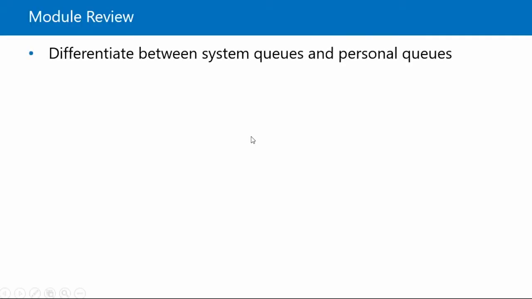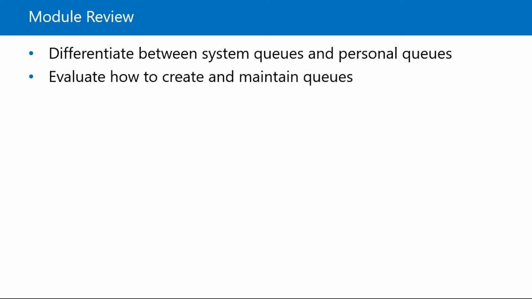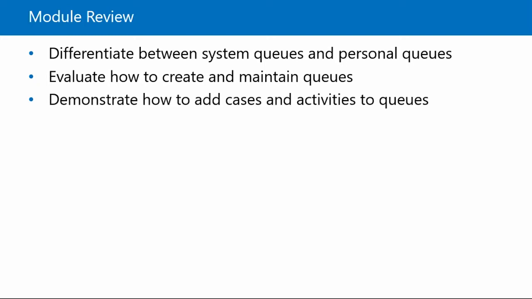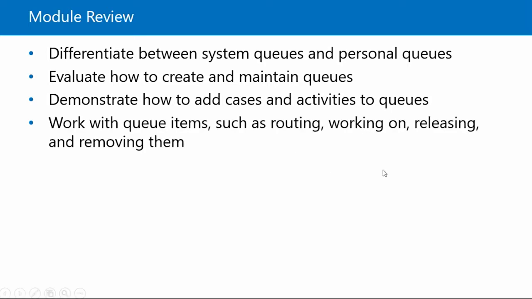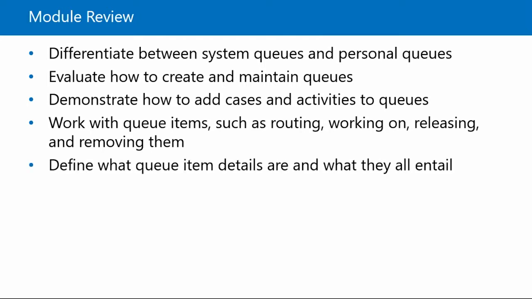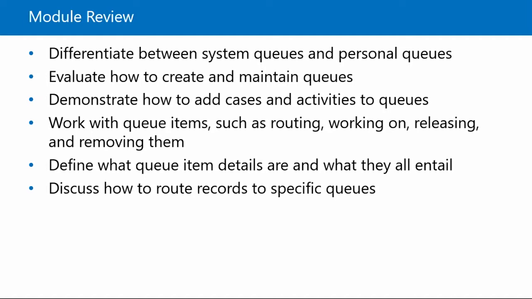In this module, the objectives were to differentiate between system queues and personal queues, to evaluate how to create and maintain queues, to demonstrate how to add cases and activities to queues, to work with queue items such as routing, working on, releasing, and removing them, to define what queue item details are and what they all entail, and finally, to discuss how to route records to specific queues.